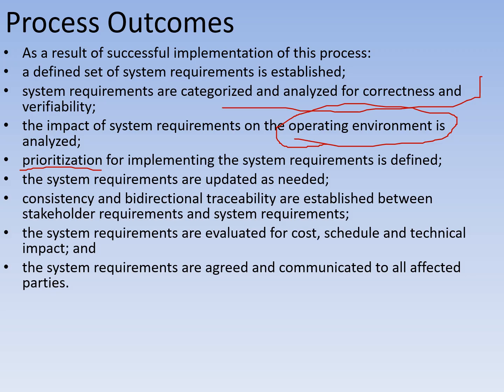The consistency and bidirectional traceability are established between stakeholder requirements and system requirements. These words are extremely important: consistency and bidirectional traceability, especially when you are developing a complicated system.